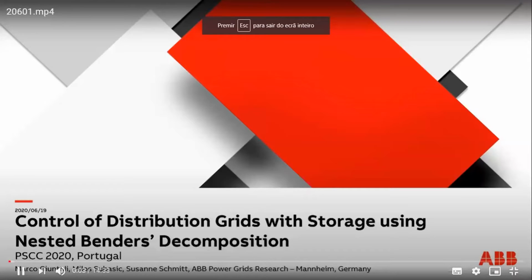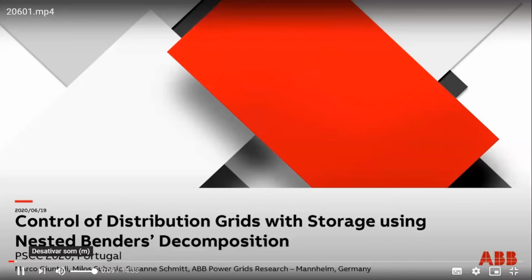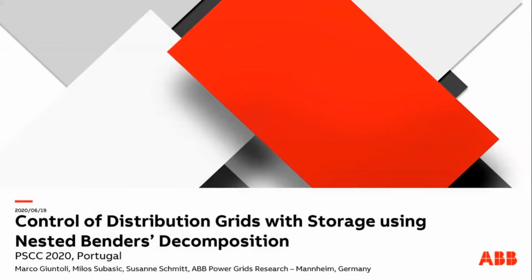Ladies and gentlemen, good morning or good afternoon. My name is Marco Ventoli from ABB Power Grid Research, Germany. Together with the authors Milos Subasic and Susanne Schmitt, we are proud to present the paper with the title Control of the Distribution Grid Using Energy Storage with Nested Benders Decomposition.